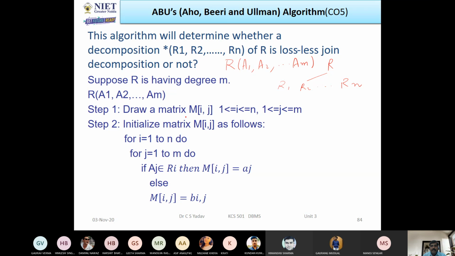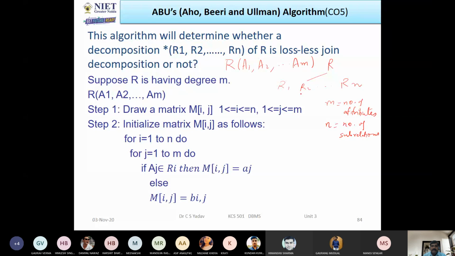So in this algorithm, we will draw a matrix of n cross m. n represents the number of subschemas and m represents the degree of R, or number of attributes. So m is the number of attributes and n is the number of sub relations.